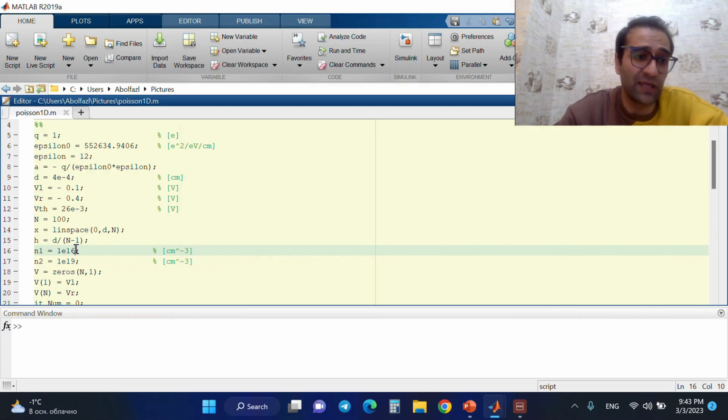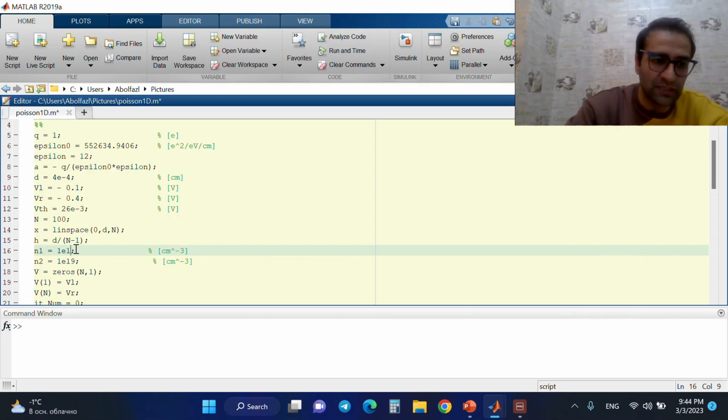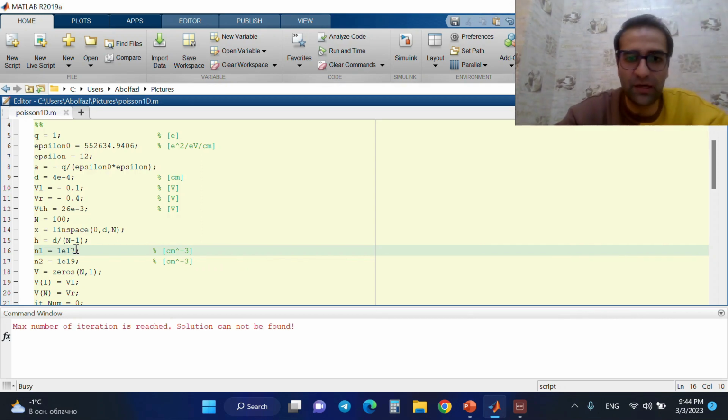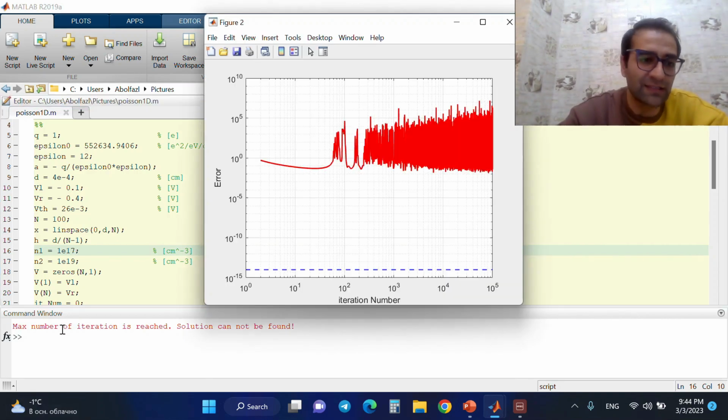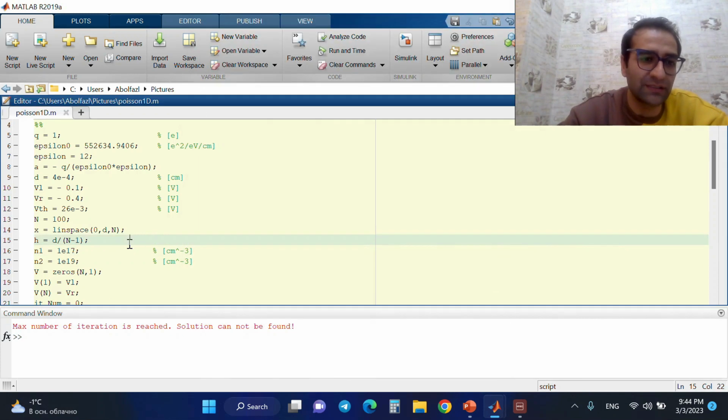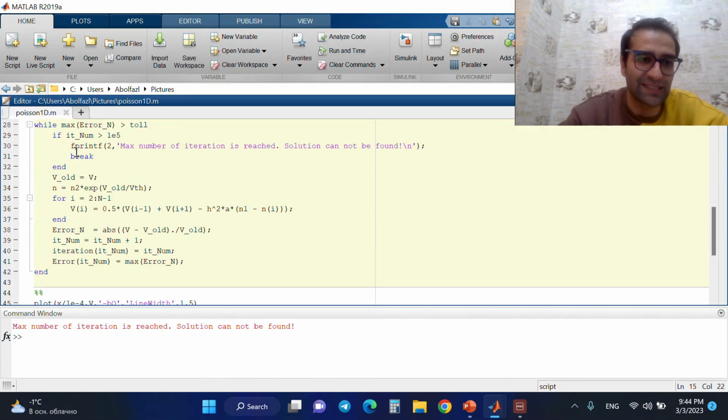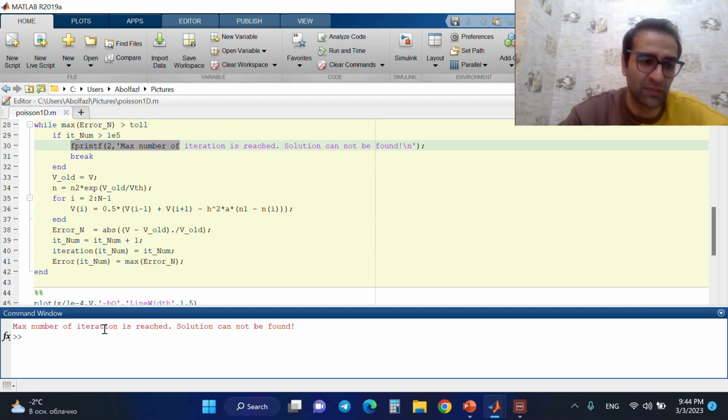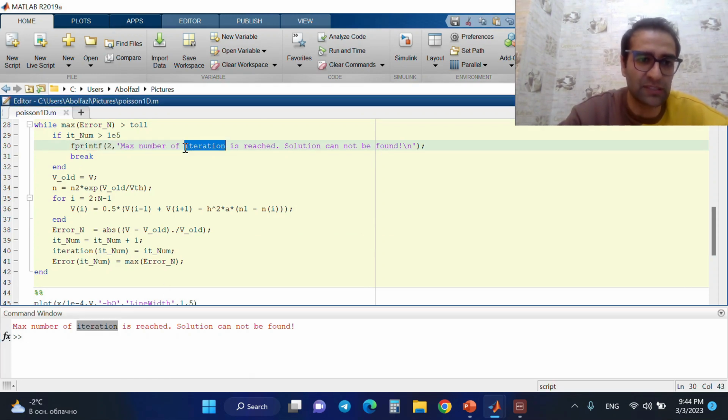If we increase this number N1 from 1e16 to 1e17 and press F5, you see the same sentence appears here because of this command. Why? What happened?